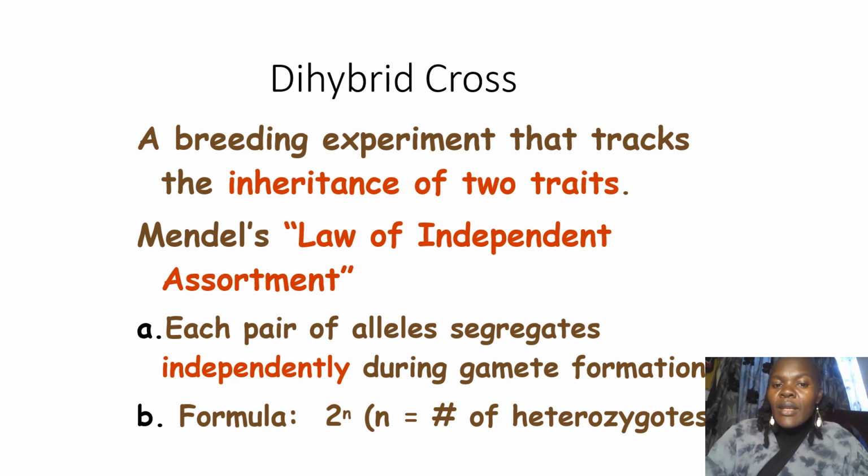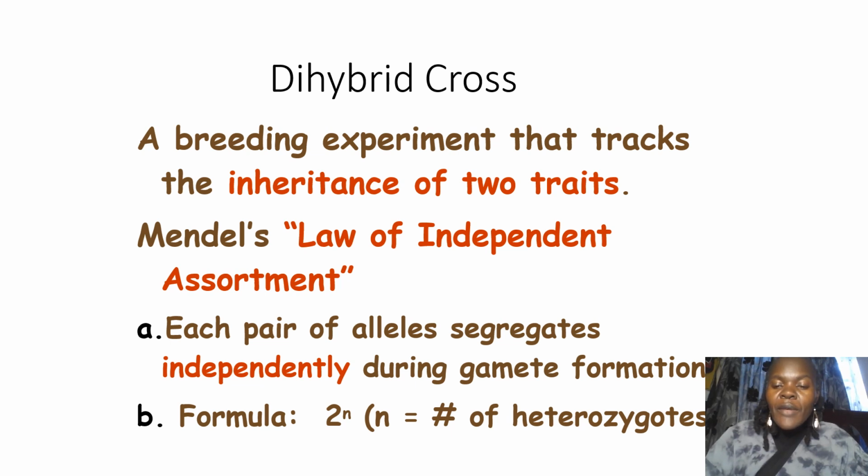But then, as much as each of these alleles segregate independently at the time of gamete formation, we have to see how we can generate the gametes. In the case where you have the two genes which control the two traits, we have to generate the gametes.